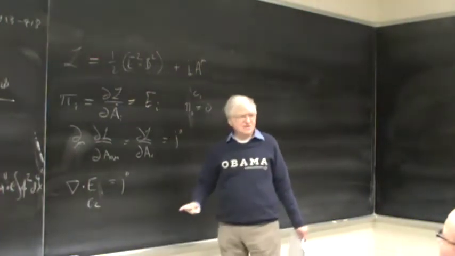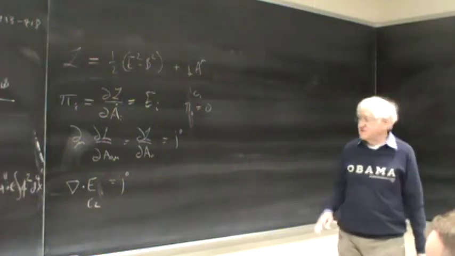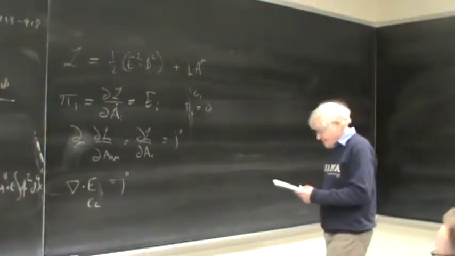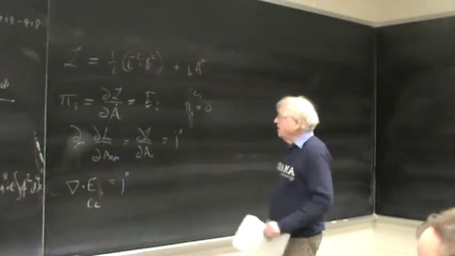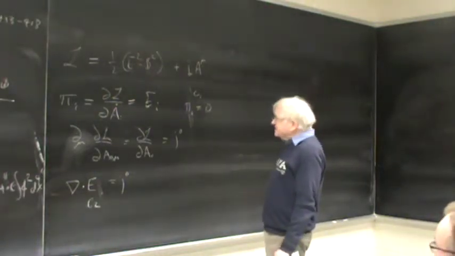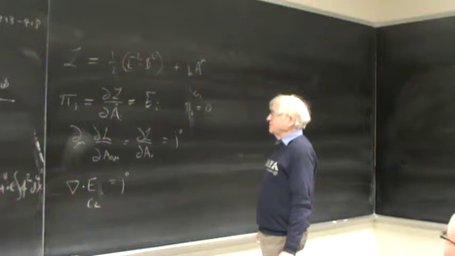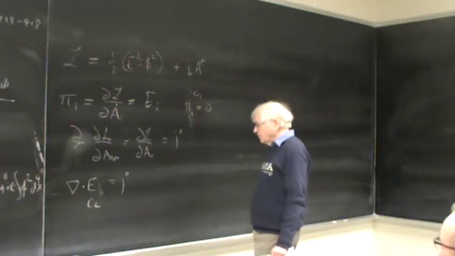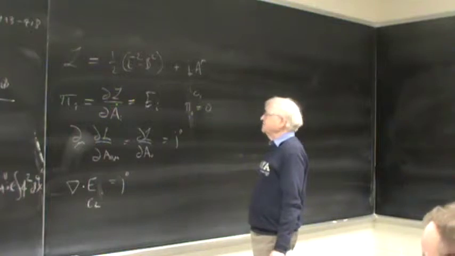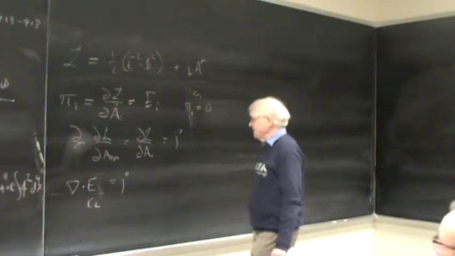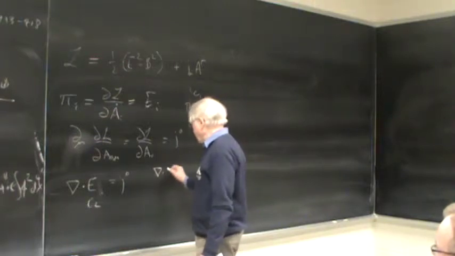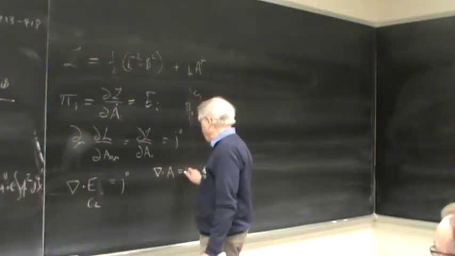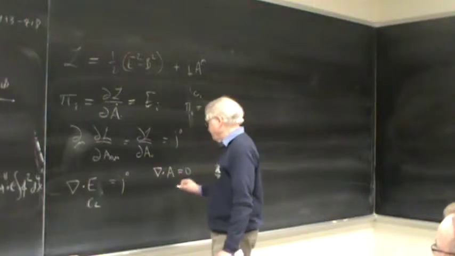And Dirac showed us how to handle these. As I say, I refer you to Weinberg. But the long and short of it is, the easiest way to proceed, and the most physical way to proceed, is to go to Coulomb gauge, and in particular, we're going to impose yet another constraint, namely that del dot A is 0.